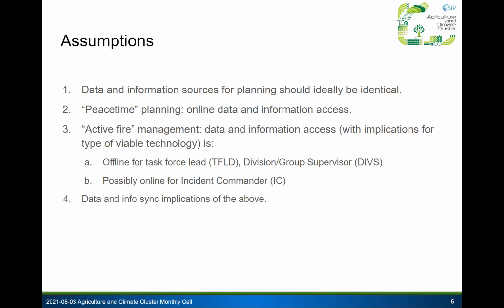It depends on the phase of the fire. During the initial stages of the fire, oftentimes the IC is very much a field-going personnel, and they're going to be working out of their truck and trying to run the fire from the front of the cab of their truck. So they may or may not have stable internet. Certainly that becomes different as the fire progresses and they start looking at more of the external forces of the fire.